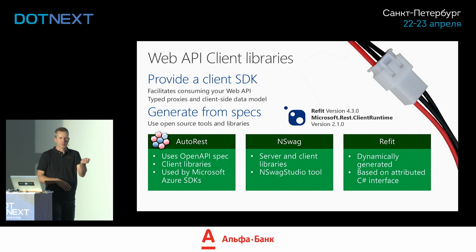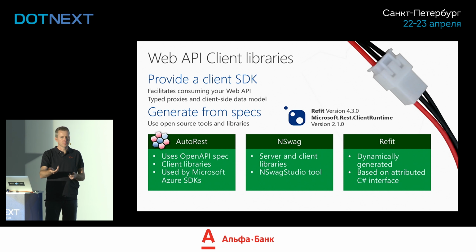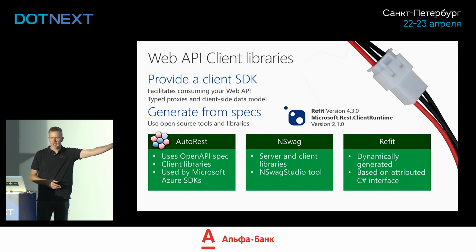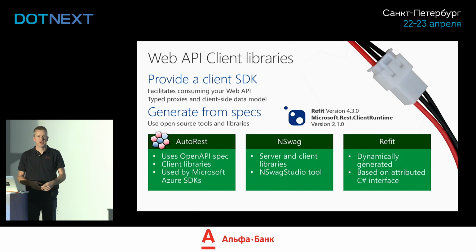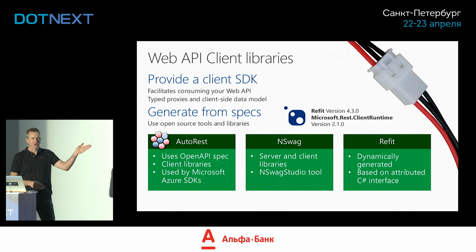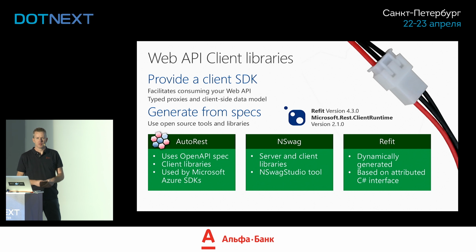With the OpenAPI documentation, you can generate most of what you need because it's a very predictable way of calling your web API. A couple of things that you can do. We talked about Refit on the far right, because if you don't have any documentation, you can still use that. You need to do some tinkering on how to get the interface right. But once you have it in place, it will work.